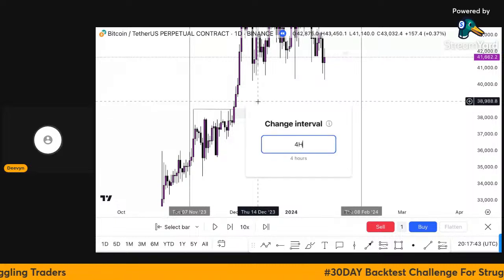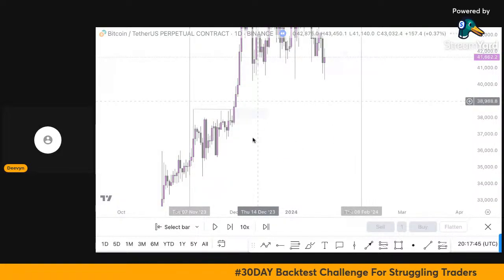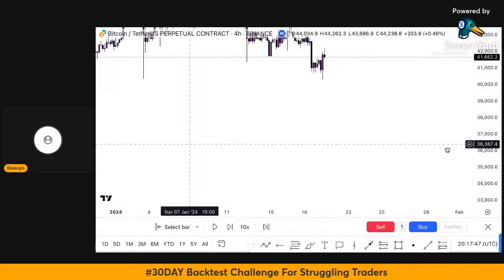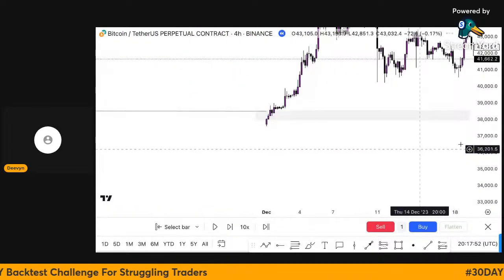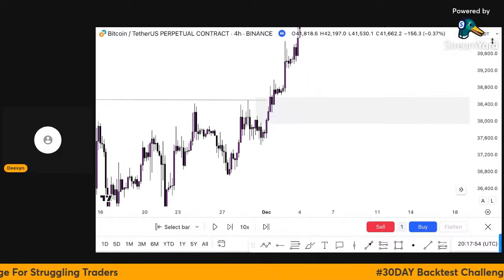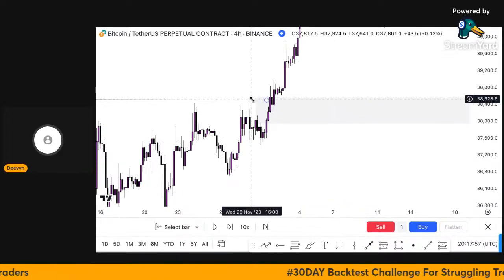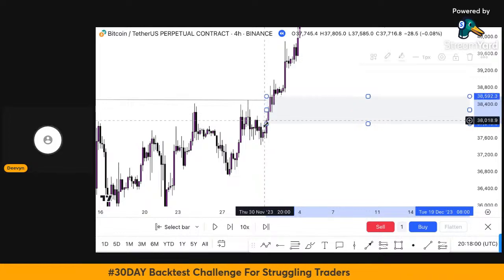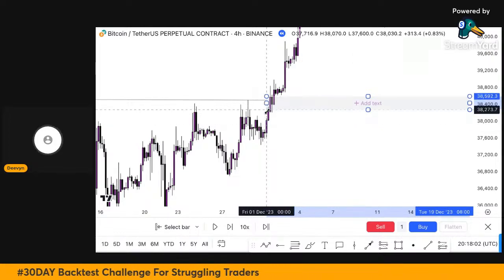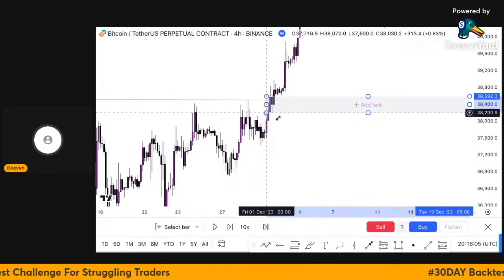So now moving down to the 4 hour, we've noticed a much more reason to actually go in on this, which is this other block here.